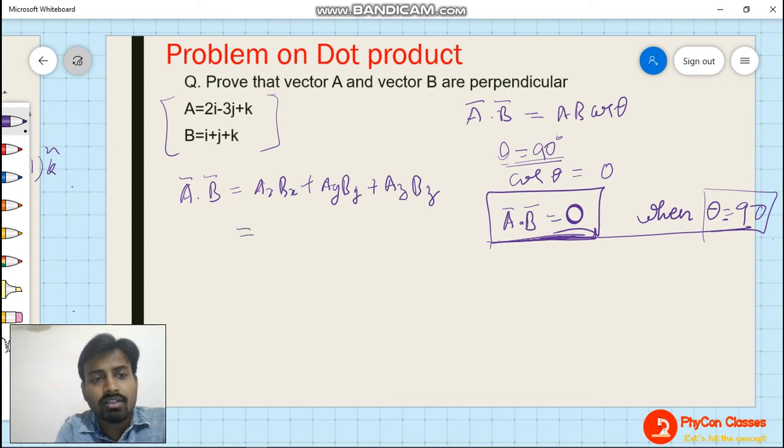Remember this? So what is the AX value? 2 into 1, plus AY is minus 3 into BY is 1, plus AZ is 1, BZ is again 1.